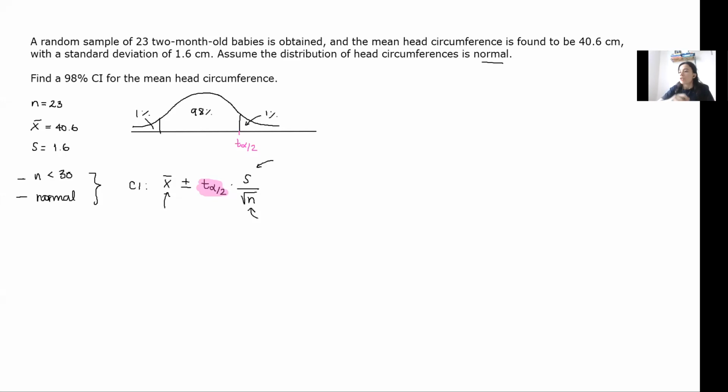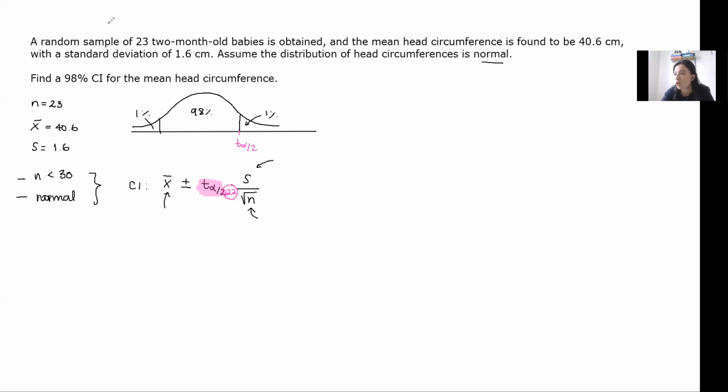Okay. So T alpha over 2 is what I'm trying to find, with the caveat that this has 22 degrees of freedom, right? So that's the row in which I'm going to have to look for my information. So here we go.